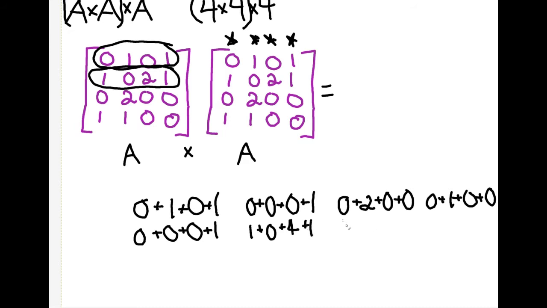Then in the third column, 1 times 0, 0 times 2, 2 times 2, and 2 times 0 and 1 times 0.